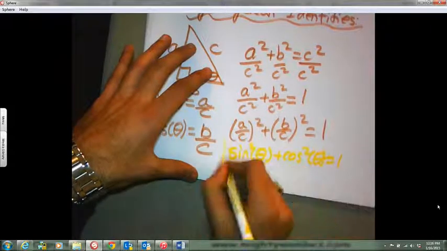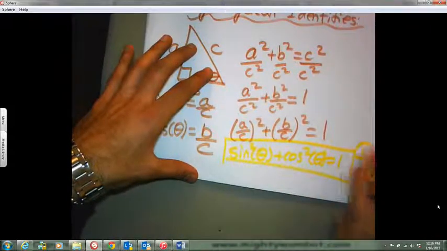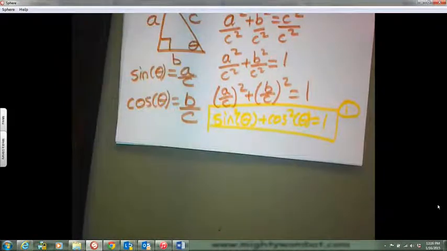There will be two more. Identities are true for any angle. That's the first Pythagorean identity. Questions?